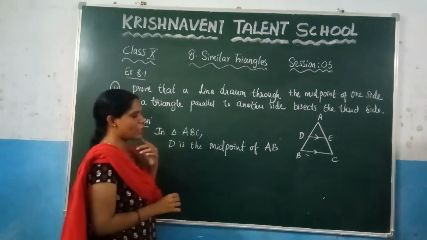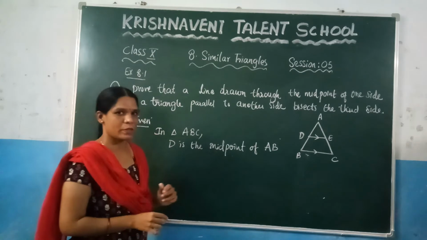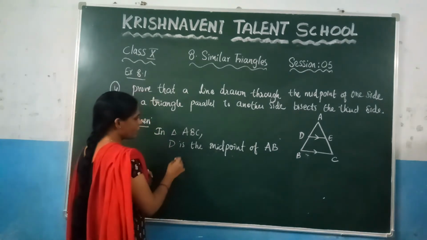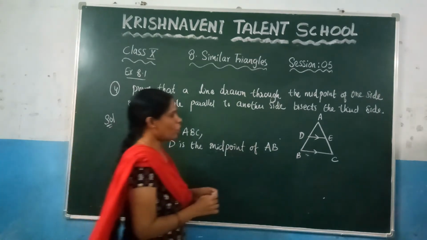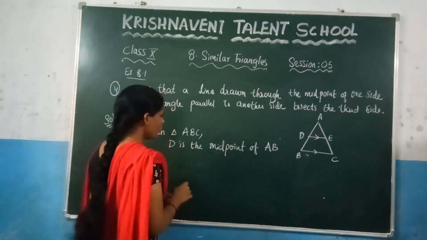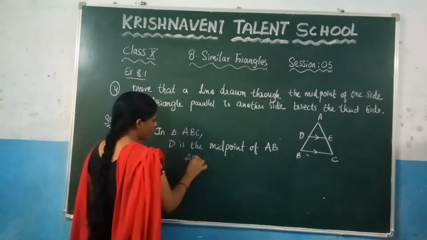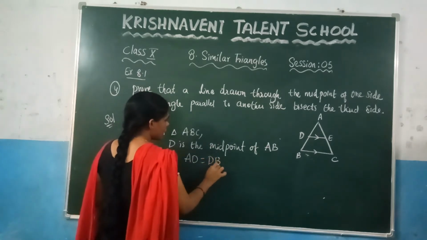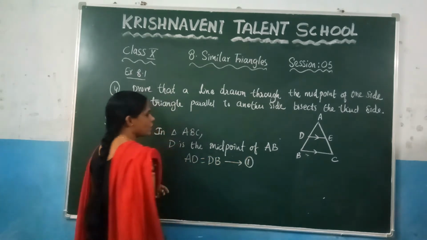And you need to draw one line passing through the midpoint of one side. So here D is the midpoint of AB. What can we write? We can write here AD is equal to DB. So write it here, since D is the midpoint, what you can write? AD is equal to DB. Let us consider this as equation 1.